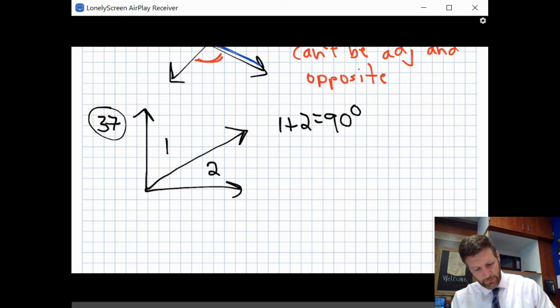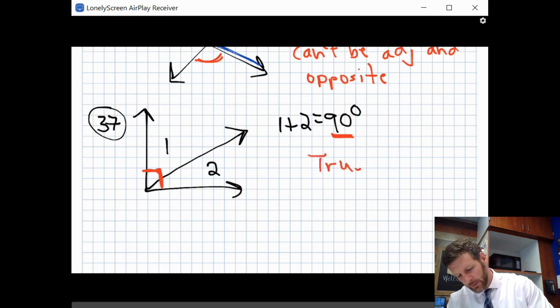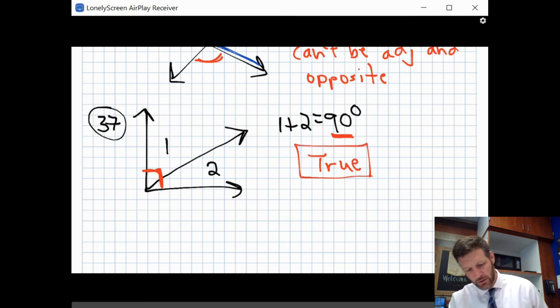Well, is it possible to cut something into two pieces, have it be complementary and add up to 90, but not be a right angle? No. So that means what it's saying here has to be true. If I'm going to divide up two complementary angles, I have to have started with something that equaled 90, which is a right angle. So 37 is in fact true.